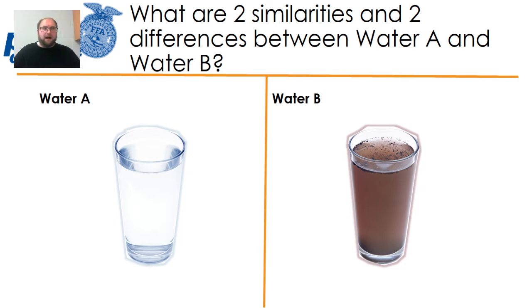You had a hot bus ride home, you had a hot car ride home, you had gym the last period, and you go to the sink, you open up the cold water tap, you fill up a glass, without thinking, because you always do that to get a glass of water, and all of a sudden you're seeing water that looks like water B coming out of your kitchen sink. Okay? Now, think about that.